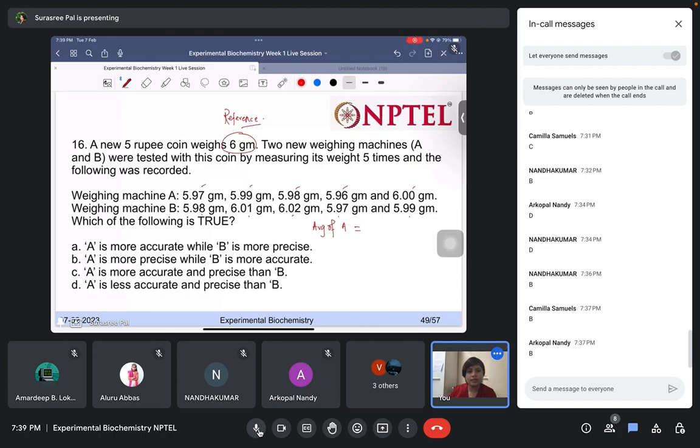Okay, very good. The average is 5.98 gram. Now, can you also calculate the average of the measurements of weighing machine B?